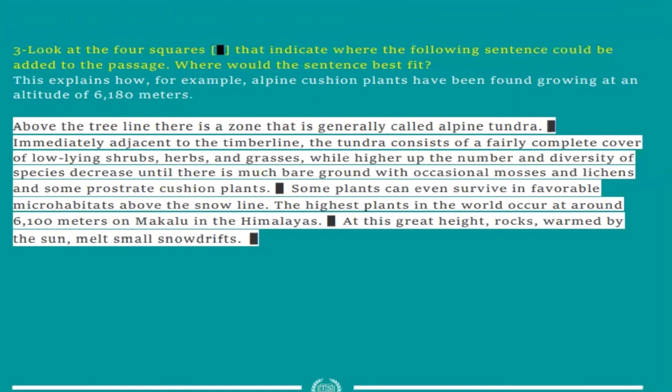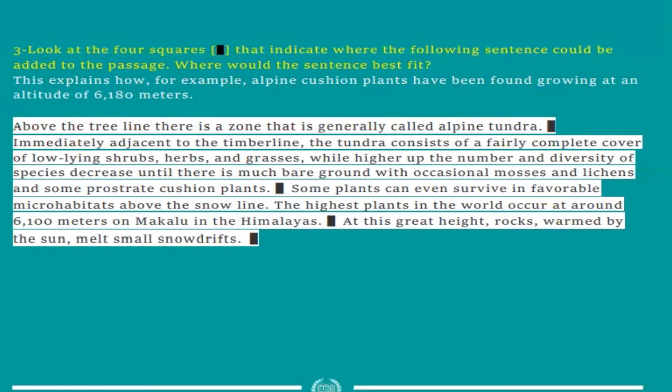Immediately adjacent to the timberline, the tundra consists of a fairly complete cover of low-lying shrubs, herbs, and grasses, while higher up, the number and diversity of species decrease until there is much bare ground with occasional mosses and lichens and some prostrate cushion plants.